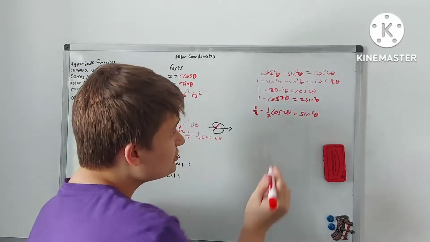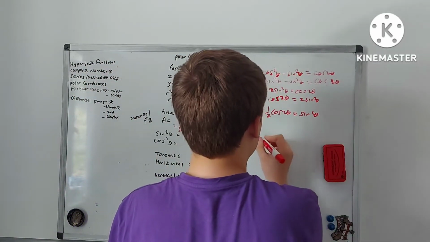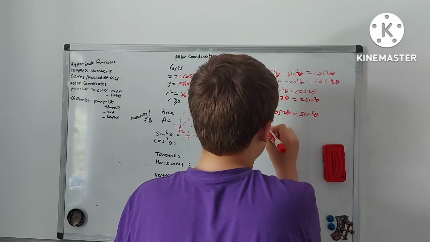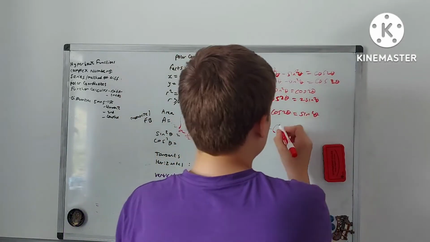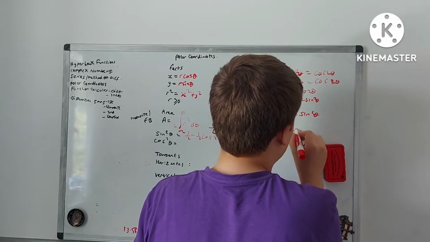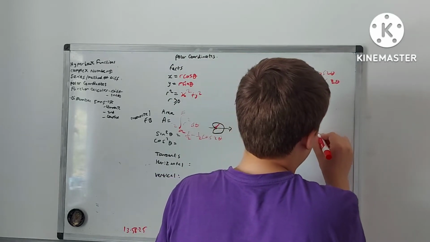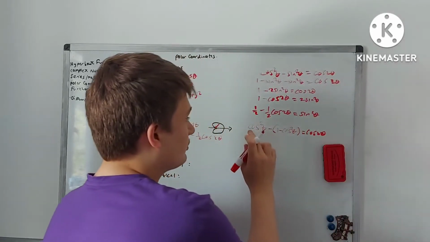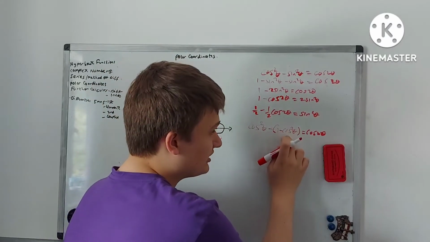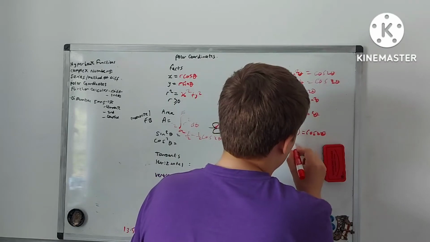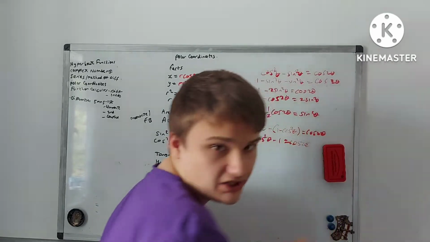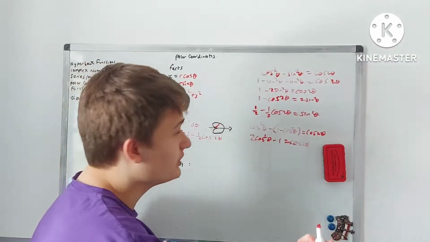Now if I want cos, I'm going to come back to the original one and do cos squared theta minus. We've got a bracket in, so I don't make a mistake here. So I'm going to do 1 minus cos squared, isn't it? Now I've got cos squared theta minus 1, double negative, so it's going to be 2 cos squared theta minus 1. Just being careful of which way around you do it.